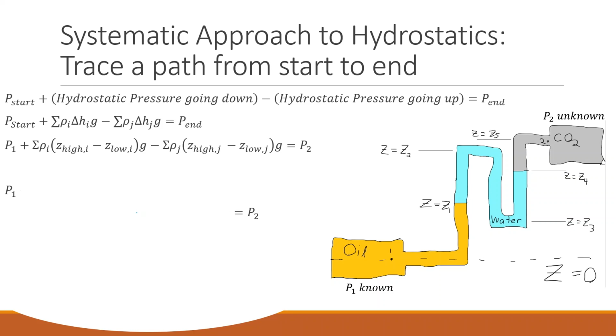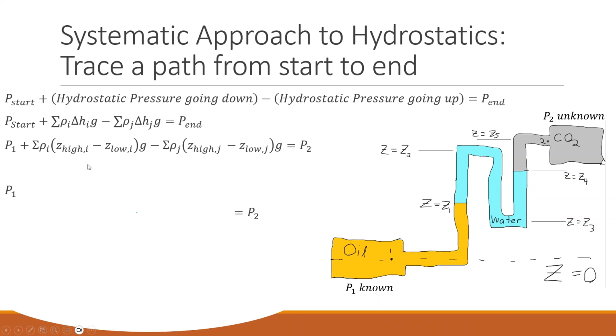The only real thing that I have to think about is if I'm going up or down. If I'm going up, there's going to be a minus sign out front. If I'm going down, there's going to be a plus sign out front because I'm gaining pressure, right? The only other difference, and this is one thing that I always struggled with in undergrad, was that I would flip these around, so Z low minus Z high, and then I'd get confused about what is the path that I'm taking, what should be the positive sign.